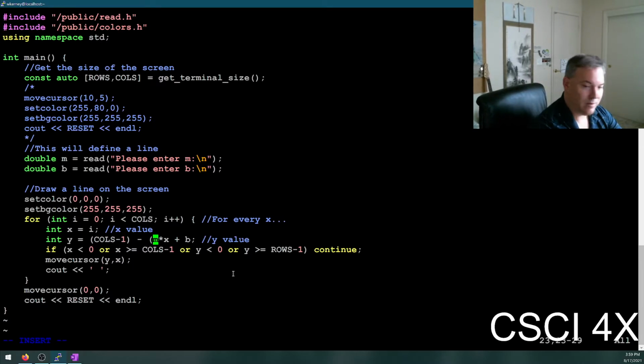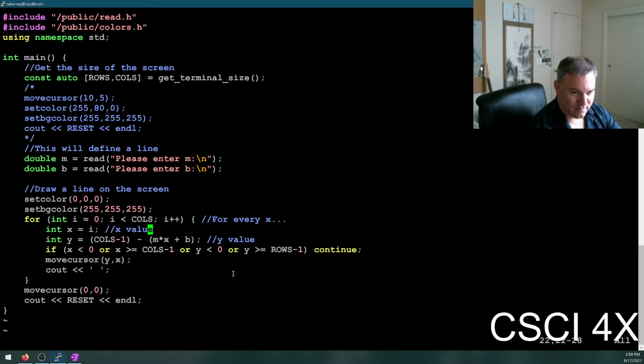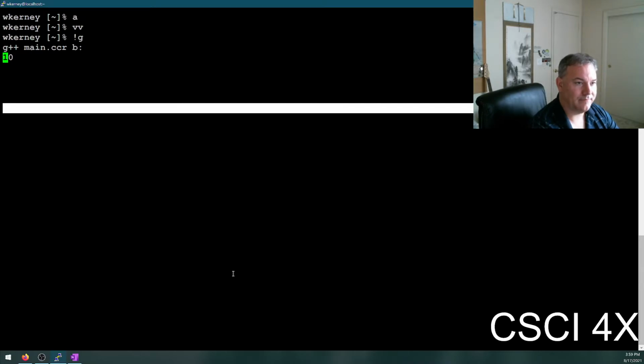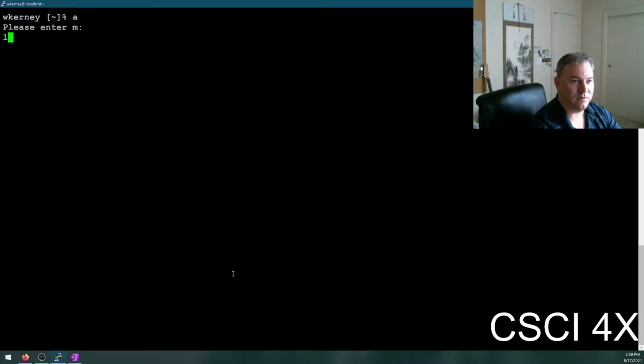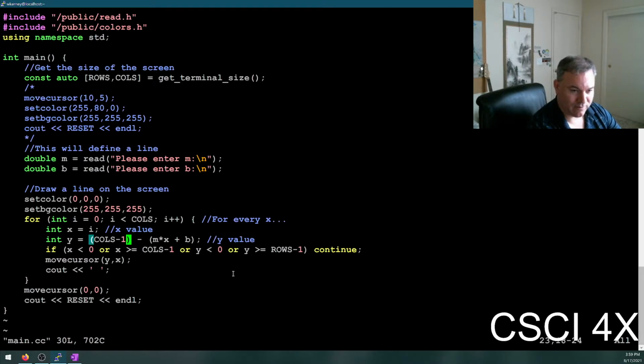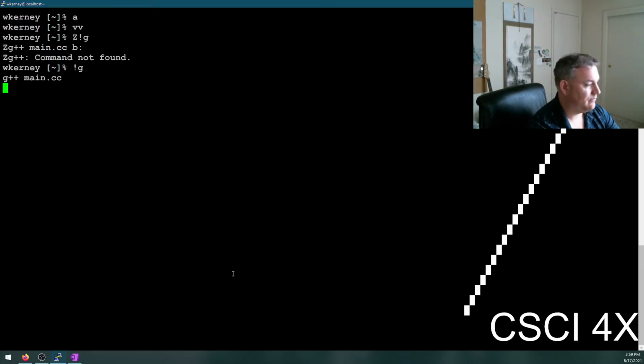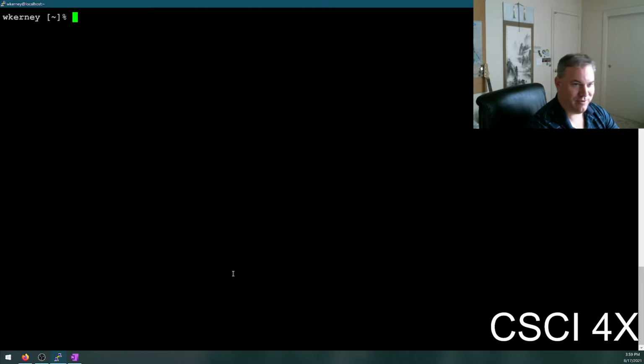All right, let's see if that works. Slope of 1, y-intercept of 0. I used columns instead of rows. That's why. Oops, rows. There we go.